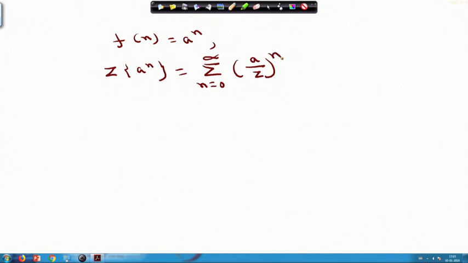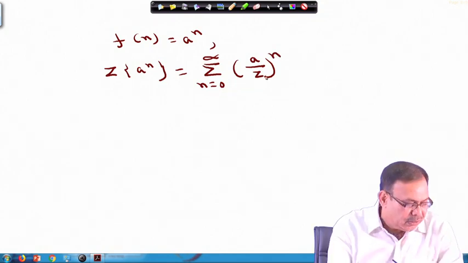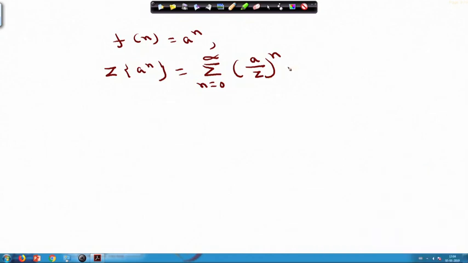So, I can write summation n equals 0 to infinity a by z to the power n, and if I evaluate it, this is nothing but 1 by 1 minus a by z, and this I can write as z by z minus a. Of course, modulus of z should be greater than a.